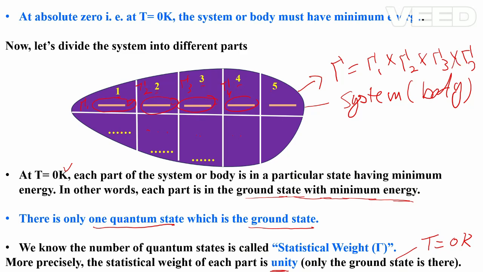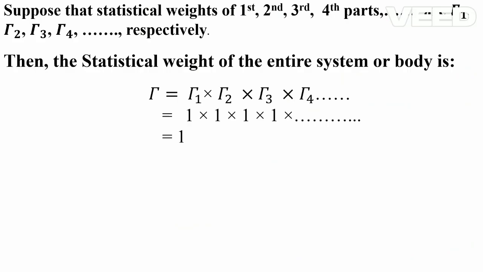Now the value of the statistical weight in each part is 1. In the first part it is 1, the second is also 1, which is the ground state, the third is also 1, and the fourth is also 1. So the product of the statistical weights of the entire system comes out to be 1, or unity.